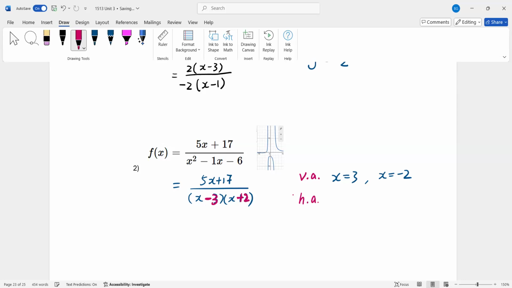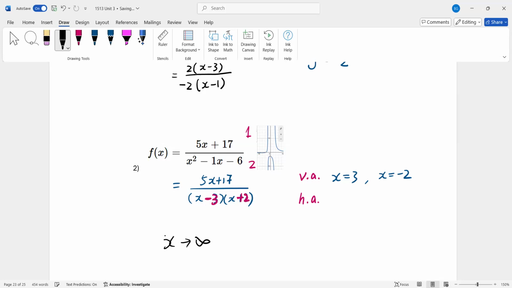Horizontal asymptote. We want to look at the original format of the rational function, not the factored form. Since the degree of the numerator is 1 and the degree of the denominator is 2, when you let x approach infinity, the denominator runs a lot faster because it has degree 2.